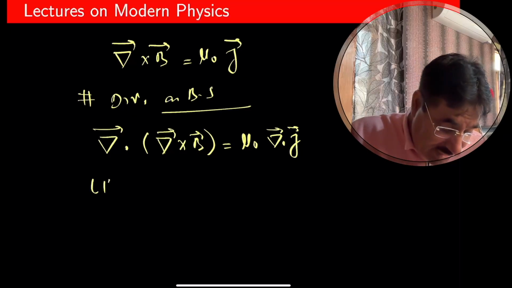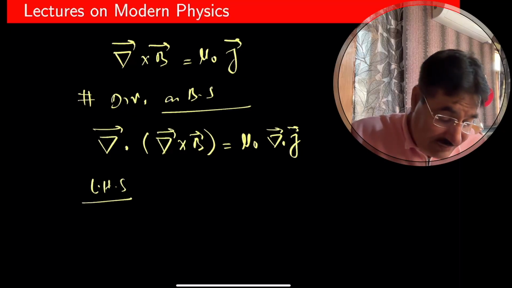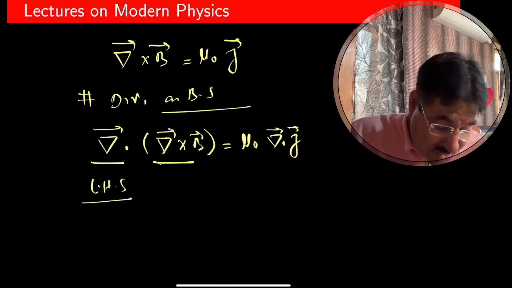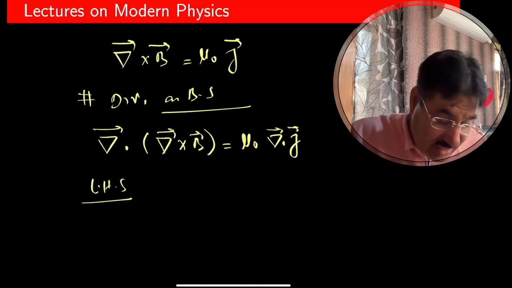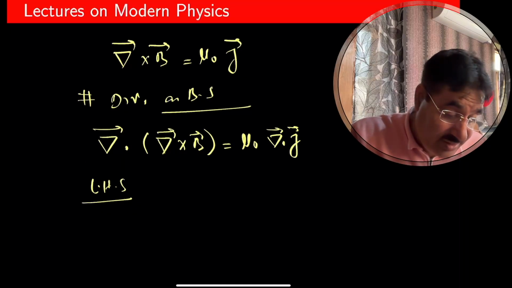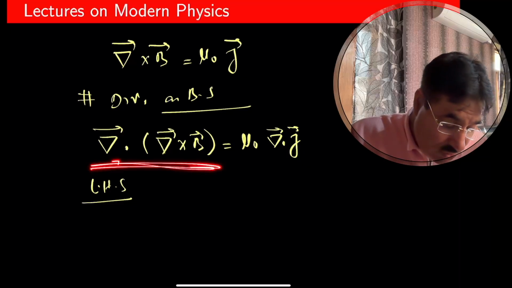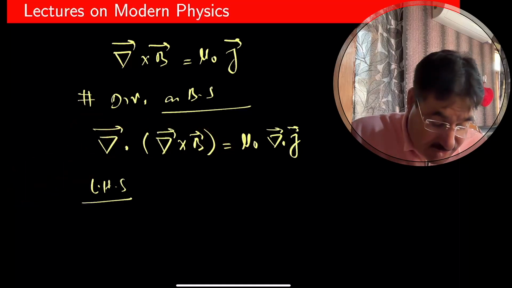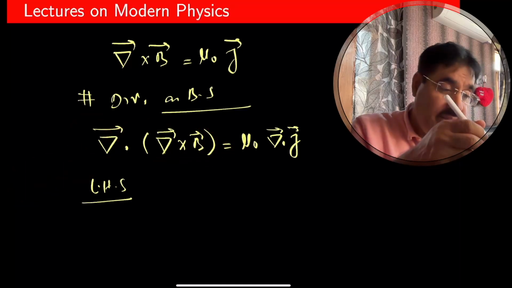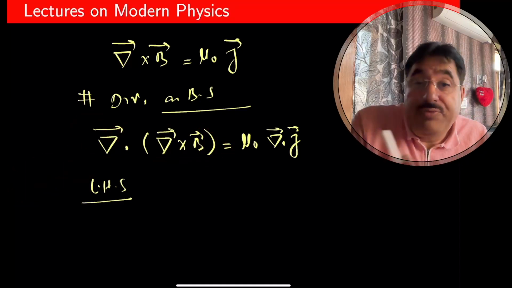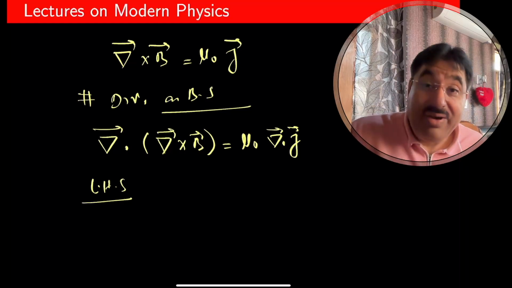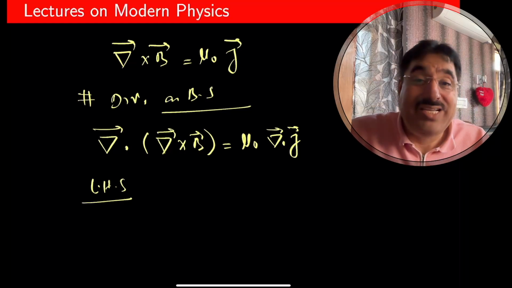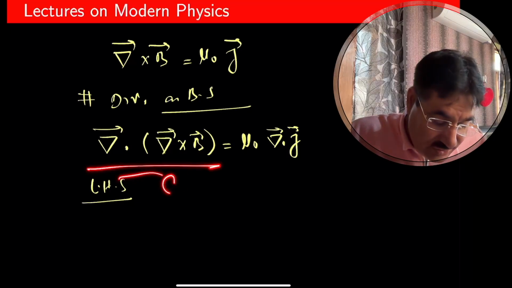Now look at the left hand side. Divergence of curl, by vector identity itself, is always 0, or you calculate it, it will always be 0, or by intuition the magnetic field is curling around, it's not spreading out. So by our understanding of divergence and curl, the left hand side is 0 anyway.